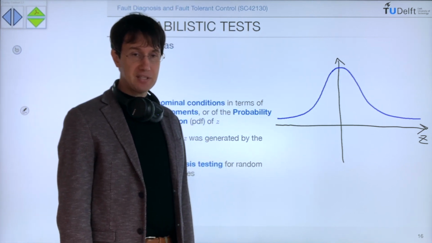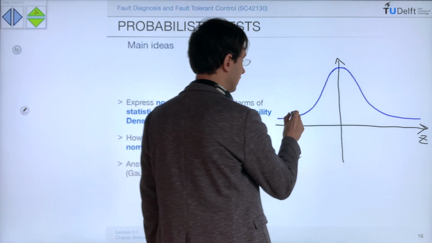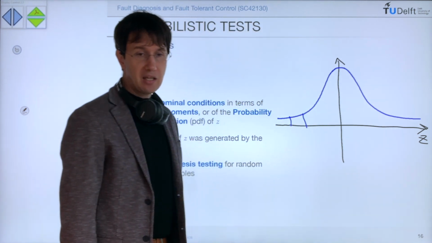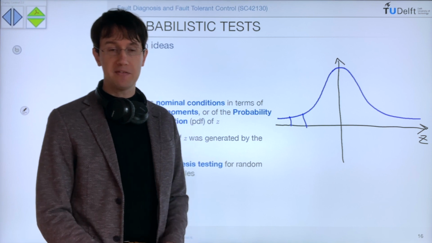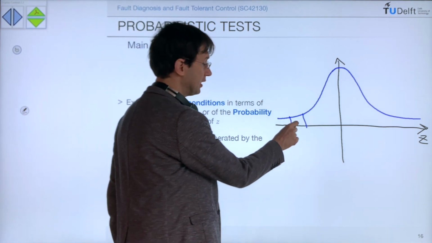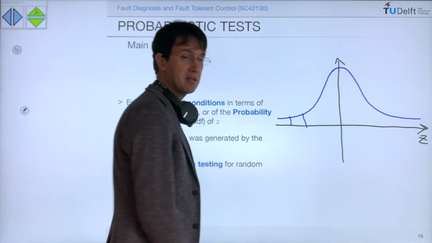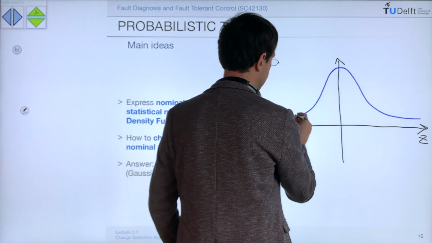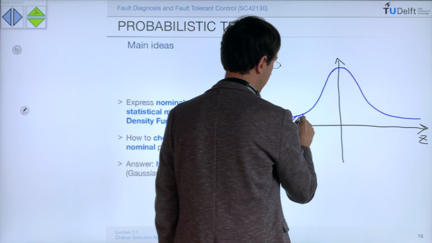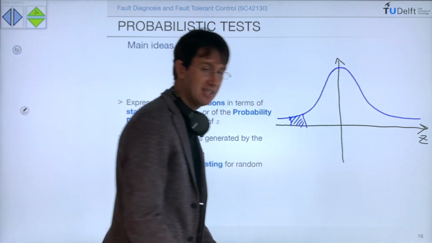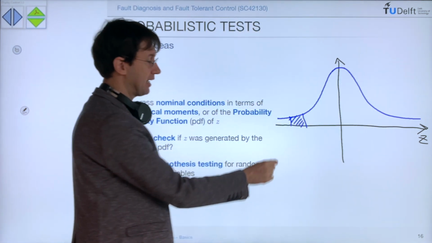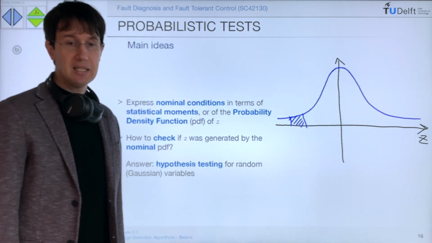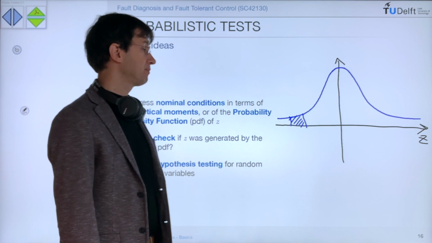And the PDF, just to remind you about that, is something that tells us, if you want to know what is the probability of z having a value between this minimum and this maximum, you take the PDF and you integrate. So the area that we have here is the probability of z having a value in this interval. So this is what the PDF is telling us.